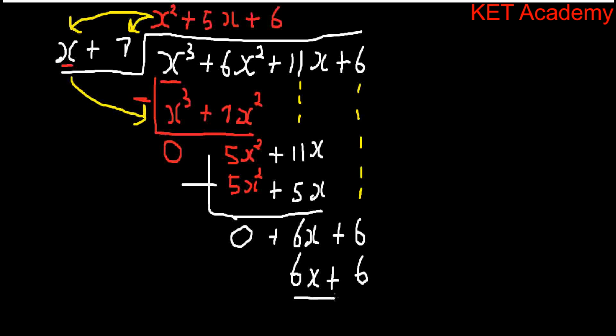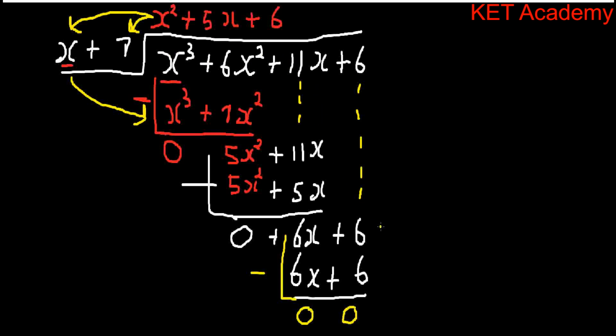So we subtract, so that 6x minus 6x is going to give us 0, and 6 minus 6 is going to give us 0. Now when our final answer is 0, therefore the steps we followed are correct, because x plus 1 is a factor. Normally you should divide this cubic polynomial with no remainder.